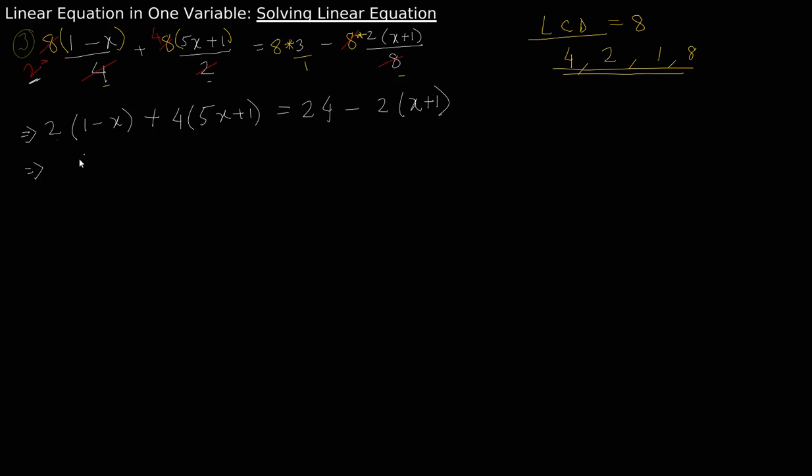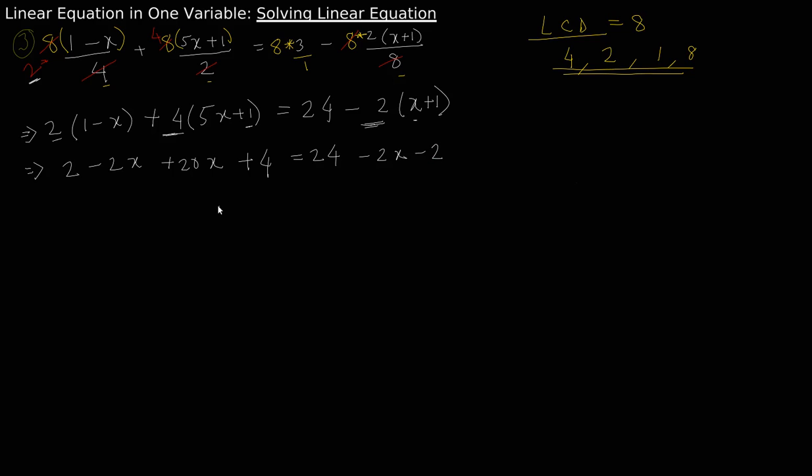So 2 multiplied by 1 is 2, 2 multiplied by minus x is negative 2x, plus 4 multiplied by 5x is plus 20x, and plus 4 multiplied by plus 1 is plus 4, and then equals 24 minus 2 multiplied by x is minus 2x, and minus 2 multiplied by 1 is minus 2.